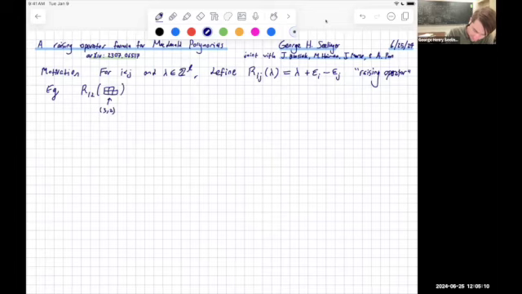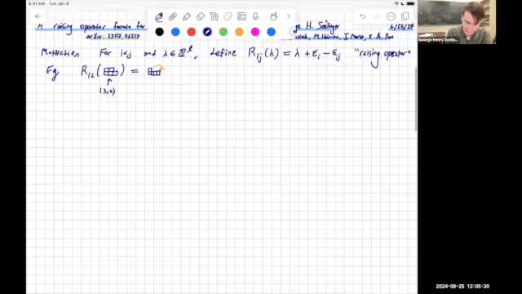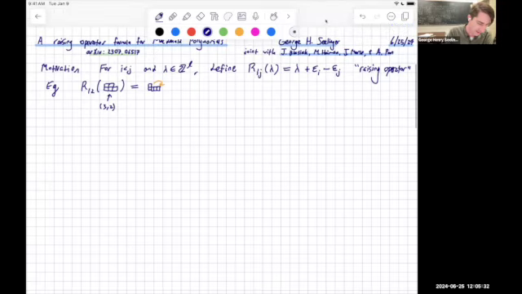Macdonald was using English notation, so raising was a nice word because the boxes were going up, but for us they go down. It still raises the partitions in dominance order, so we can still think of them as raising operators in that sense.